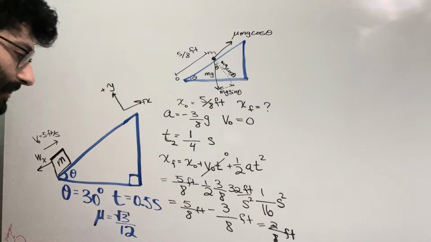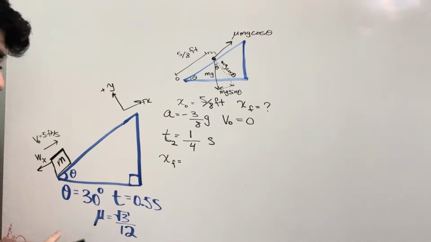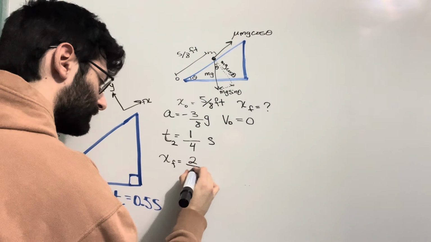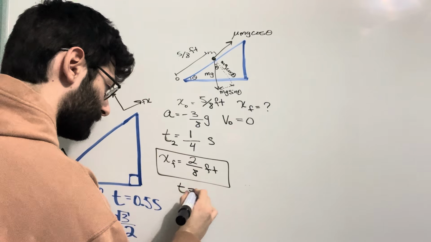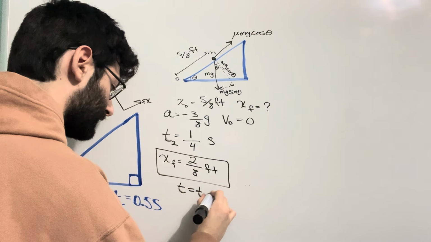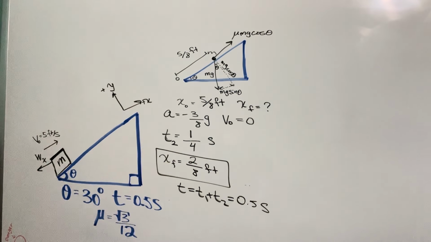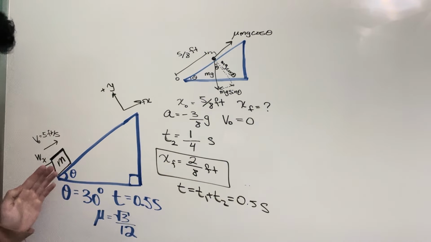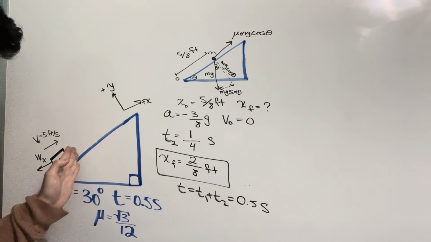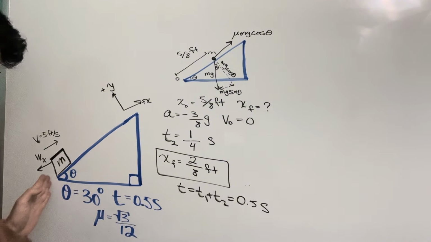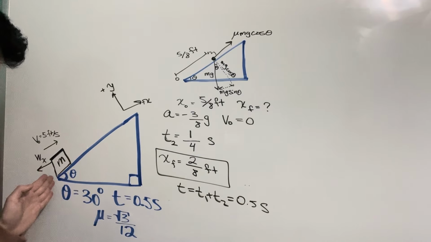So we end up getting our final answer after t equals t1 plus t2 equals 0.5 seconds. Now, it wouldn't be crazy if we got a negative value, because that would just indicate that enough time has elapsed for it to go back to the origin, and there is no negative incline for it to go on, so we would know it would just stop at the origin.